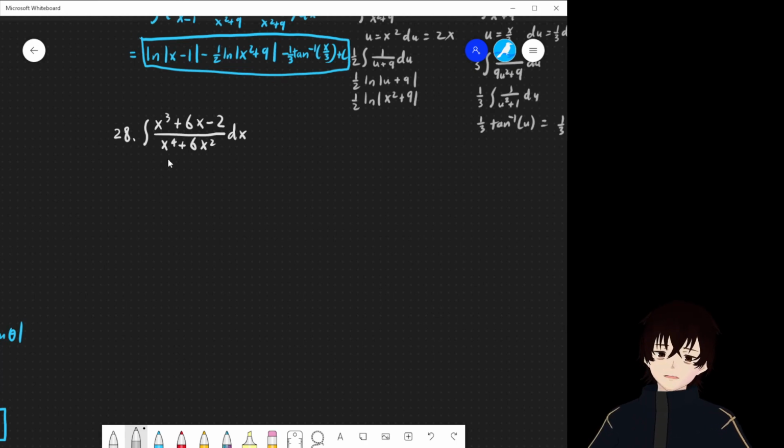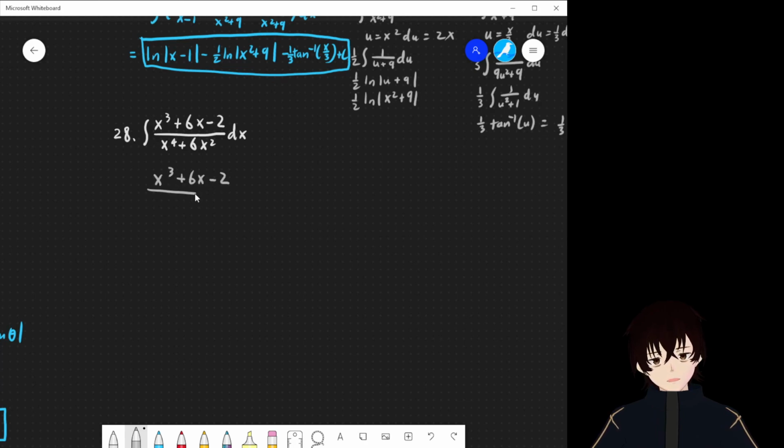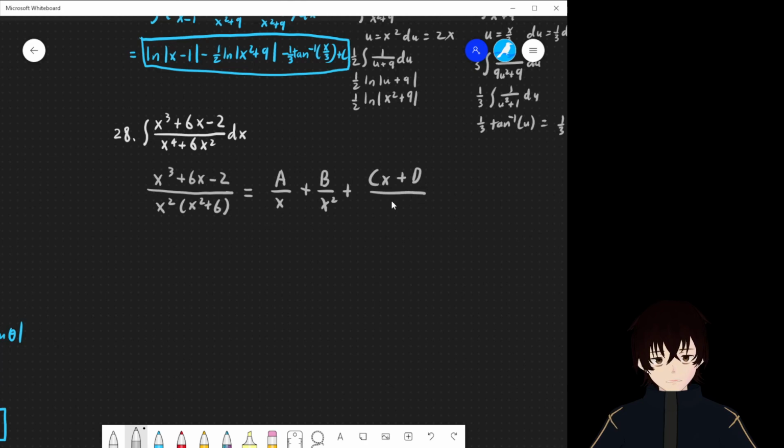That seems to be the question. Alright, more partial fractions. x cubed plus 6x minus 2 over x squared times x squared plus 6 is equal to a over x plus b over x squared plus cx plus d over x squared plus 6. Should be this way.